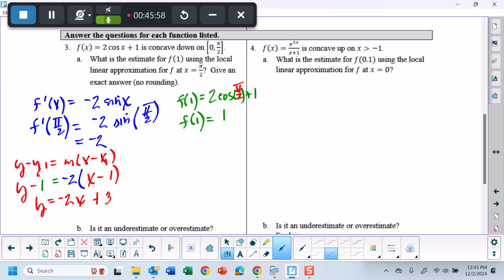So what is the estimate for f of 1 using local linear approximation? So I'm going to plug in my x is equal to pi over 2. Where's my estimate for f of 1?